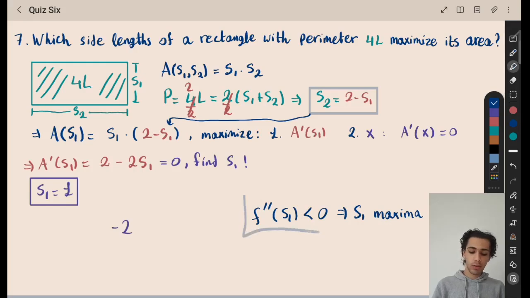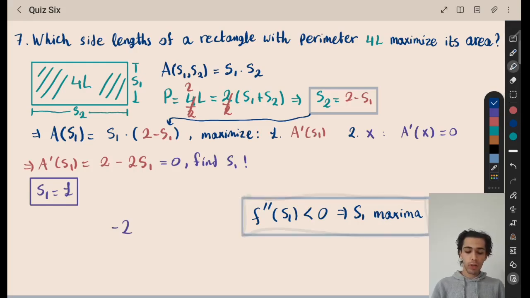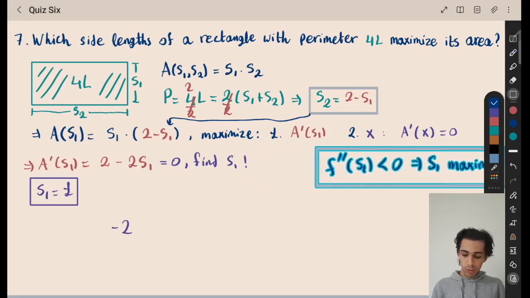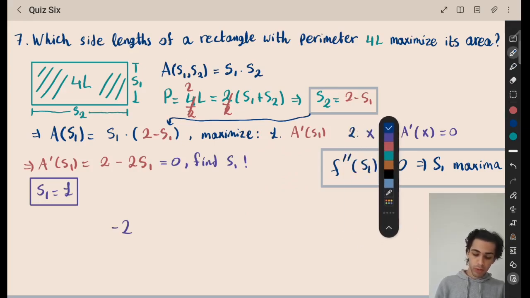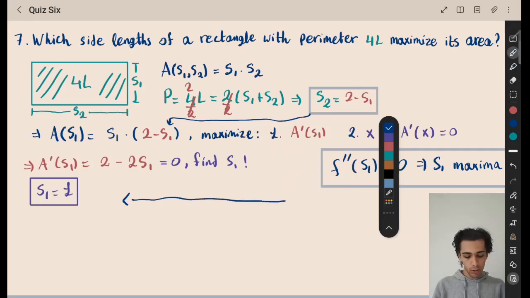This fact utilizes the construction we had with the oscillating circle. Could also do the following. So we found an extrema and we are trying to figure out whether it's a maxima or a minima. Actually, we know it's a maxima from here, but I'm showing you two different ways you can check. So if S1 is equal to 1, you can plug in, for example, 0, then you get something that's positive. And if you plug in, let's say, 3, you get something that's negative.